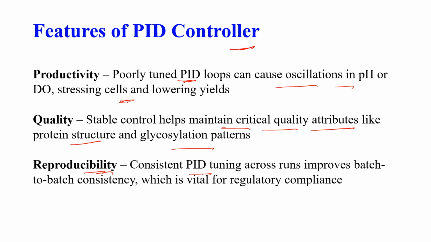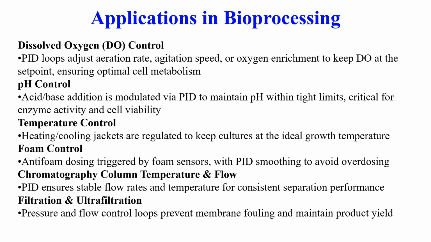If you are having consistent PID tuning across runs, it can improve the batch to batch consistency, which is vital for the regulatory compliances. In bioprocess, there is a lot of scope.